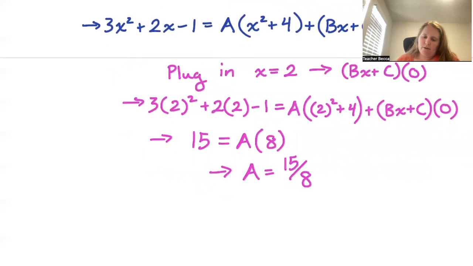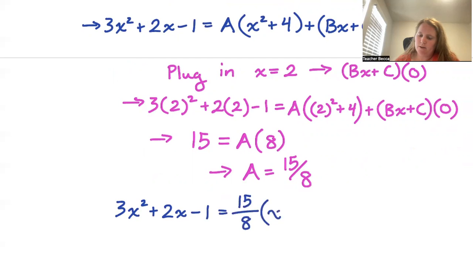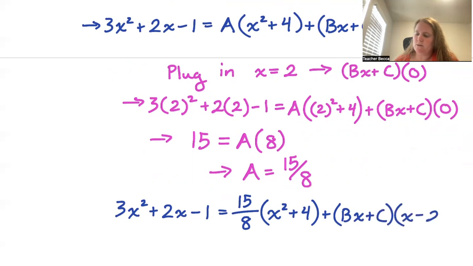So we have 3x squared plus 2x minus 1 is equal to 15/8 times x squared plus 4 plus bx plus c times x minus 2. At this point, there is no special x to plug in, so you can just pick x's, or we can match coefficients.